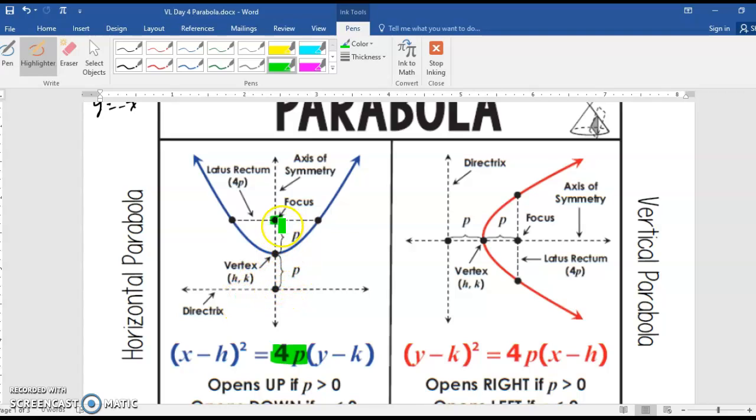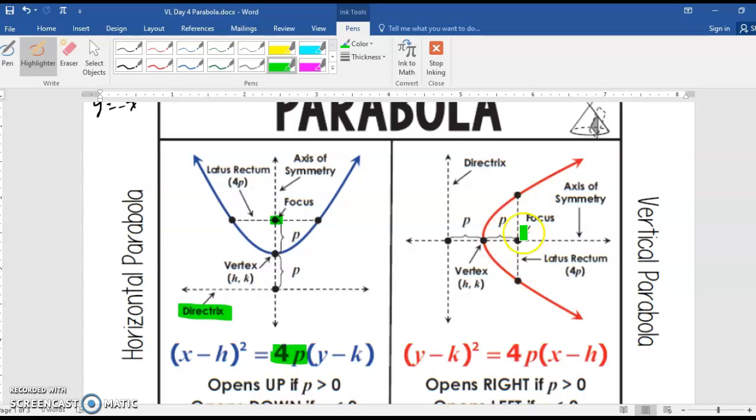And p being the focal distance, the other side of the vertex within the same distance p is going to be the directrix. This is the line which is exactly at equal distance of the focal length, but it is away from the vertex, right? So if it is a sideways parabola, it's the same principle still.